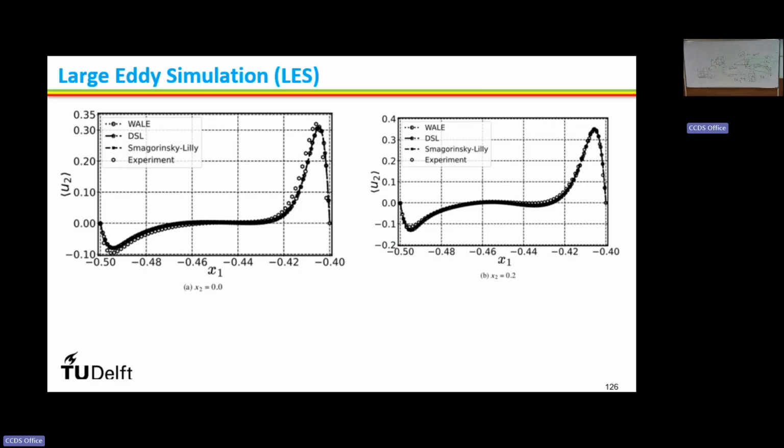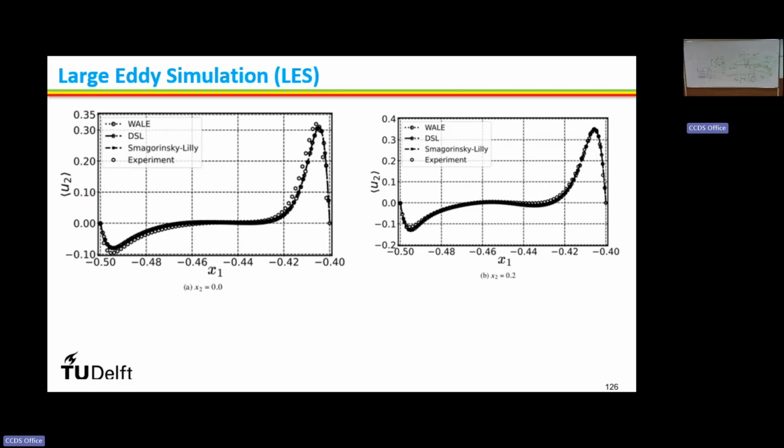So you can see we did the Wale model, the dynamic model, and this Smagorinsky model. Three LES models we did, and we compared with the experiment. We found all three models reproduce the identical result, because my mesh size of 35 million was sufficiently resolved, right?